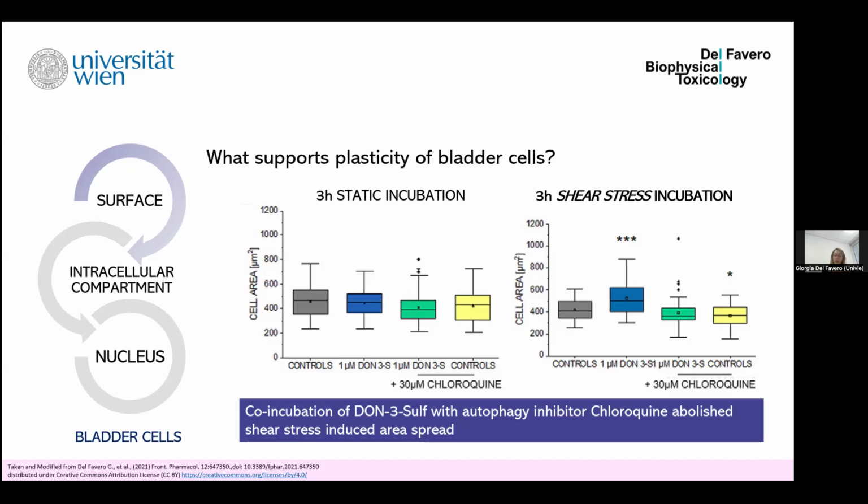If you look at what happens with the shear stress incubation, what we could measure is that the cell area spread triggered by the deoxynivalenol-3-sulfate was blocked by the presence of the autophagy inhibitor. So here we could mechanistically support that autophagy might play a role in the mechanical adaptation of bladder cells to the shear stress in combination with the toxin metabolite.